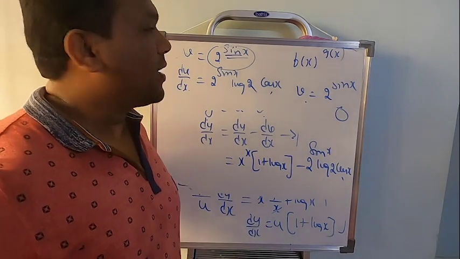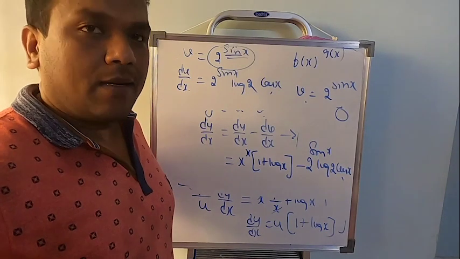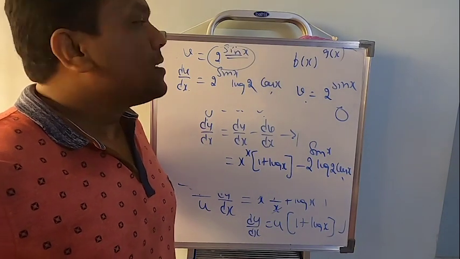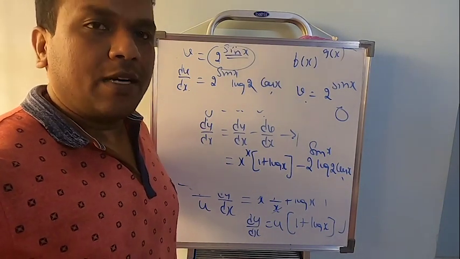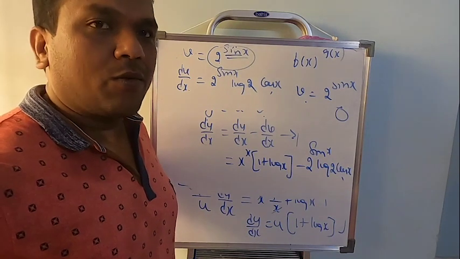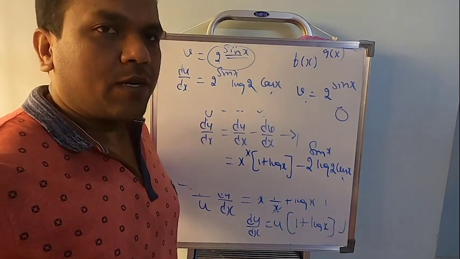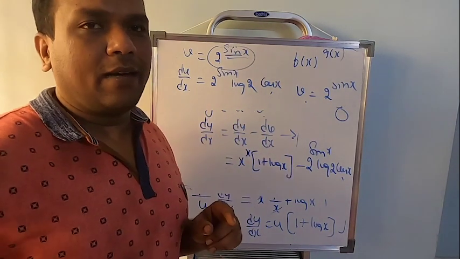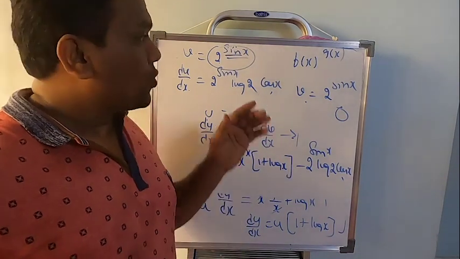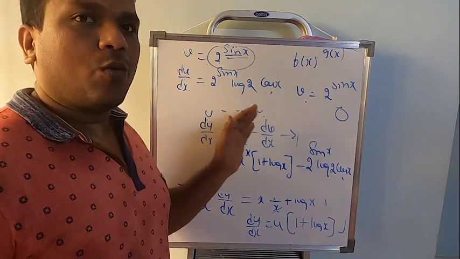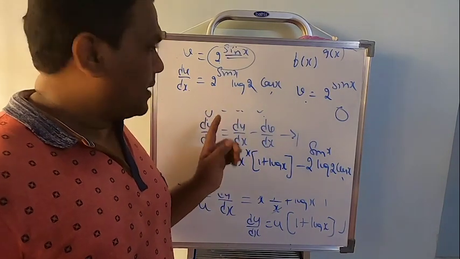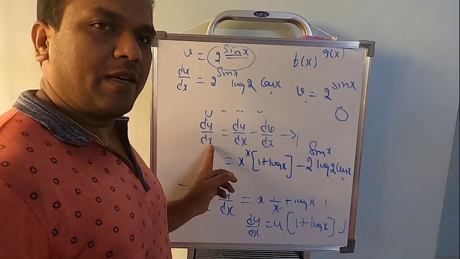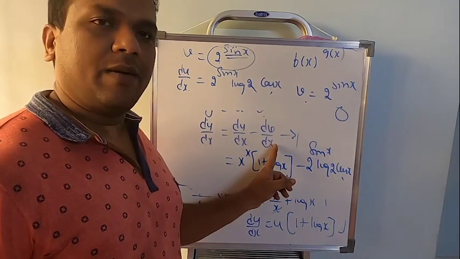Students, once again I am going to tell you, in logarithmic differentiation, such kinds of problems are given with an intention, because the paper setter knows most of the students will go wrong in recognizing that log should not be applied directly in the first step itself. So take it separately, call one as u, one as v, then construct the equation for dy by dx as du by dx minus dv by dx.